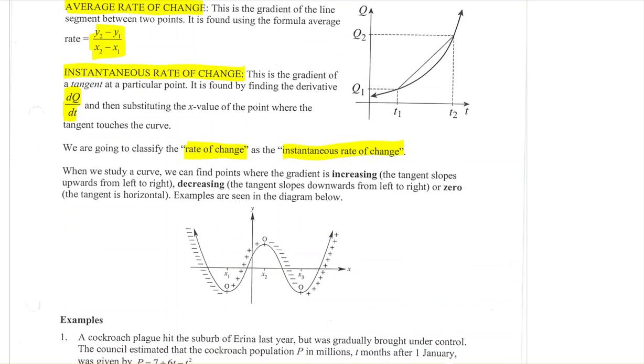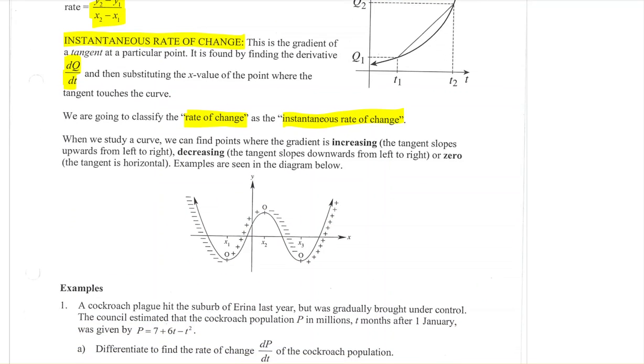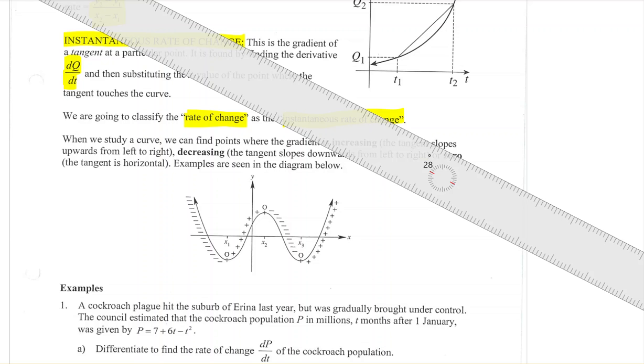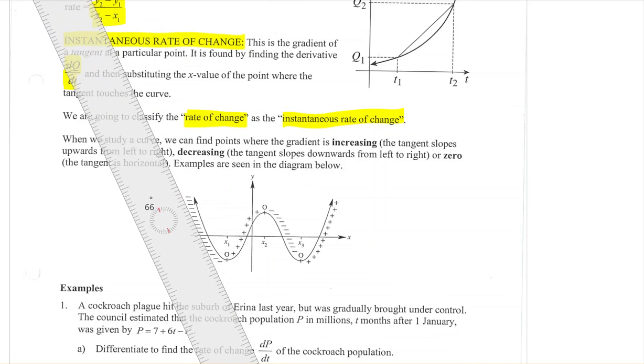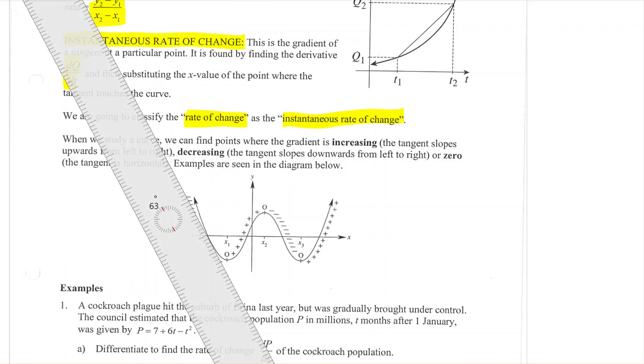When we study a curve, we can find points where the gradient is increasing. Increasing is where the tangent slopes upwards from left to right, or decreasing where it slopes downwards. Now, to see this, you just need a ruler, okay? So you can see if I put my ruler and make some tangents on that side of the curve, all those gradients are sloping downwards.